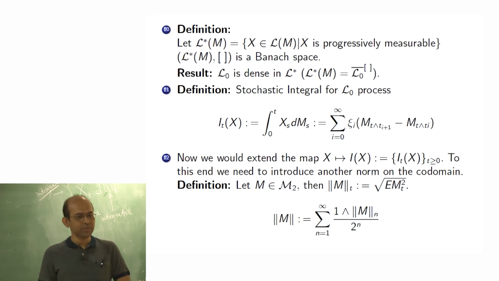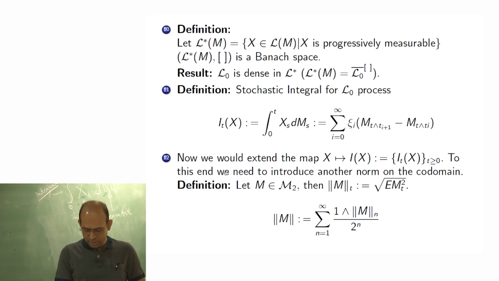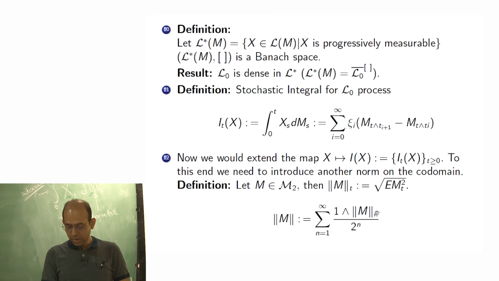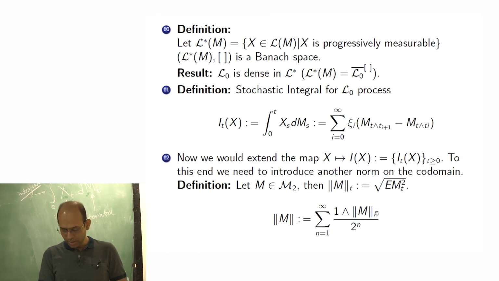So for a fixed t, it is the L2 p norm, with p the probability measure. So it is the square root of the expectation of the square. So this norm we are going to talk about for fixed t, and then for the whole time horizon we are going to take only t which are natural numbers.